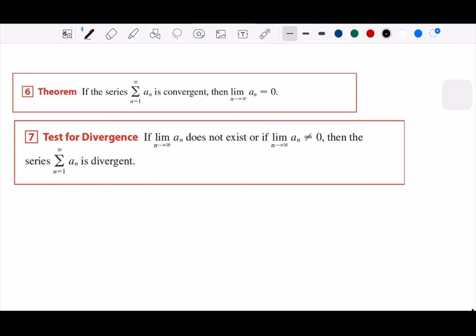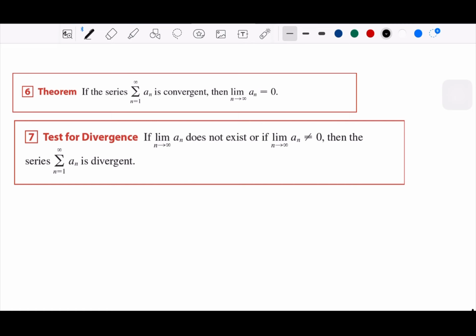And another section on the chapter will be more discussion on another test. Okay? So this is the first test. The first test says that if the limit doesn't exist or the limit is not equal to 0, we could take the series directly and make the conclusion that it will be divergent.